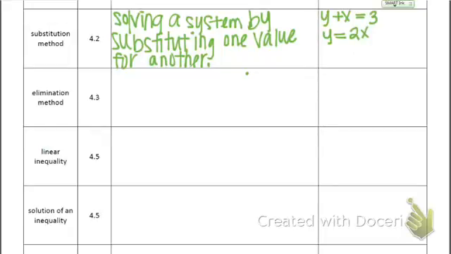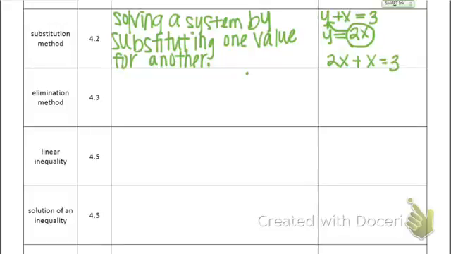What this is saying is that y and 2x are the same thing, right? Does everybody agree with that? y equals 2x means that y and 2x are the same. So what I can do is substitute 2x in for y in the other equation. So what would my new equation be? 2x plus x equals 3.